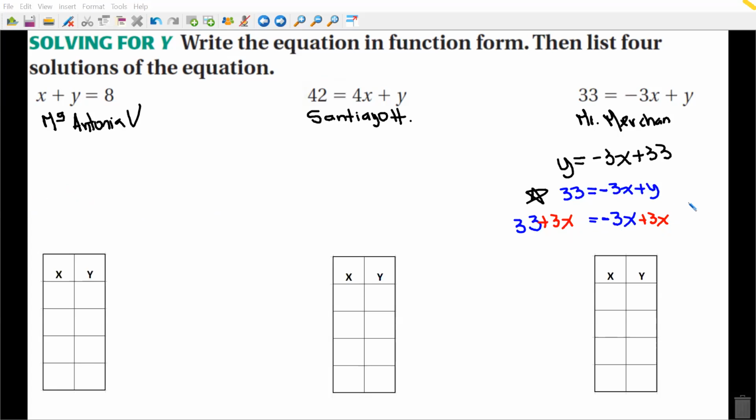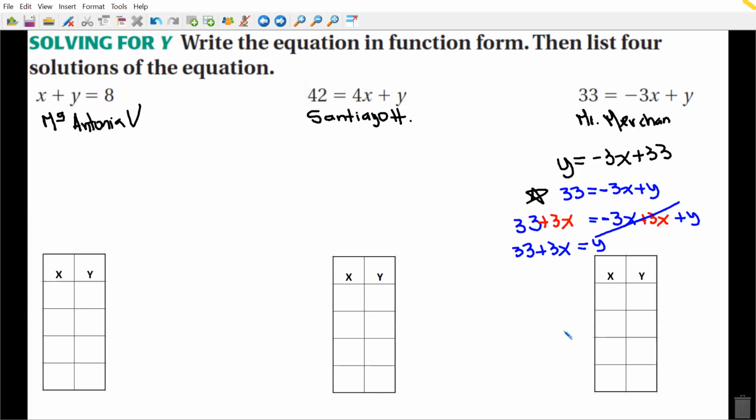So this is going to be plus y over here, yes? What you just did was cancel this, right? So on the other side, you're going to be having 33 plus 3x equals y, yes?